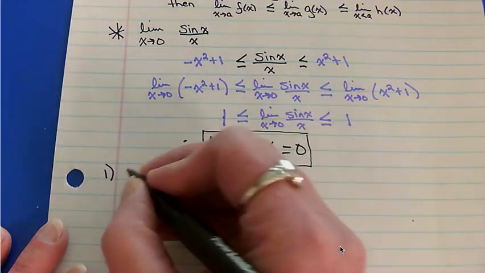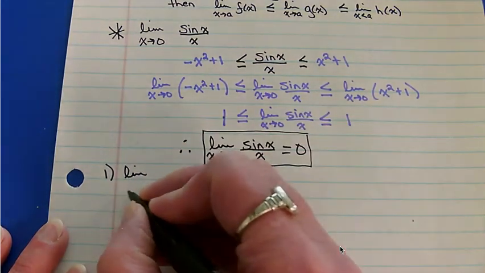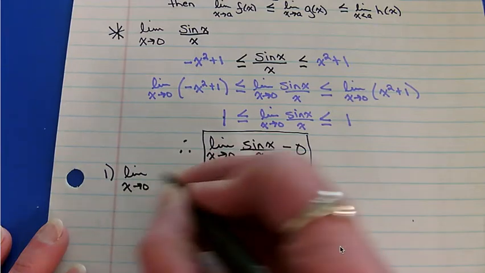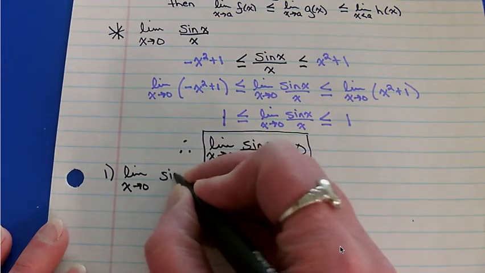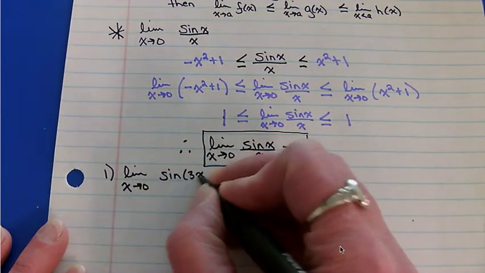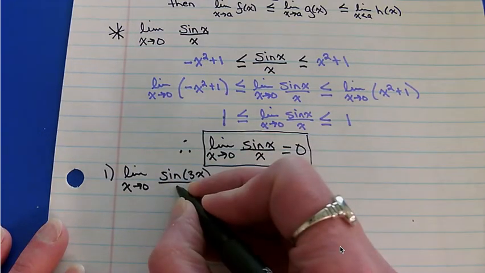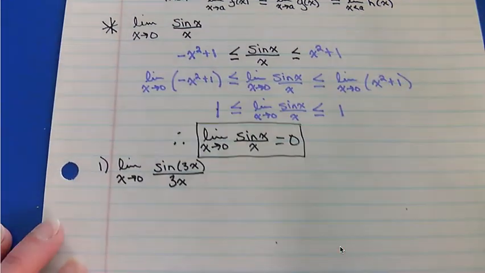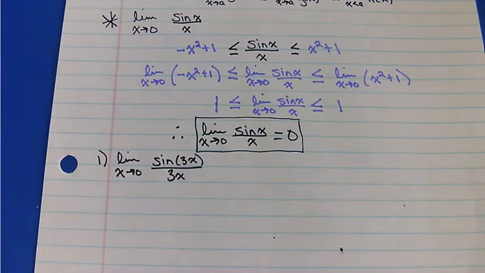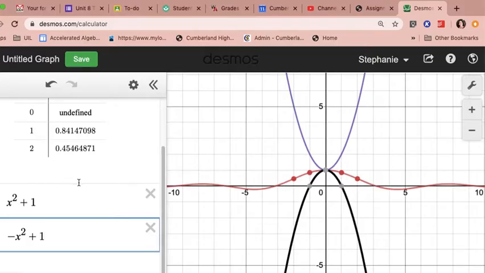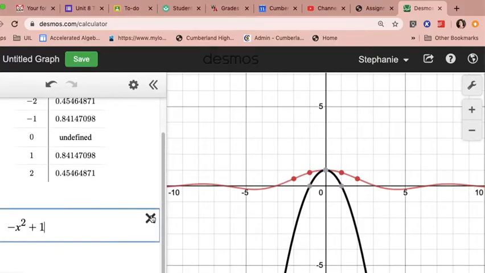So what if I had the limit as x approaches 0 of sine of 3x over 3x? Well, let's look and see what that graph looks like. How similar is that?